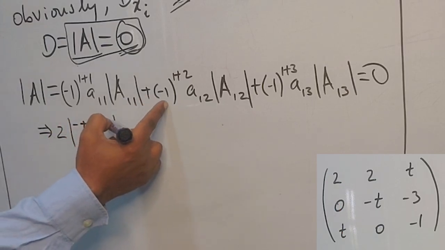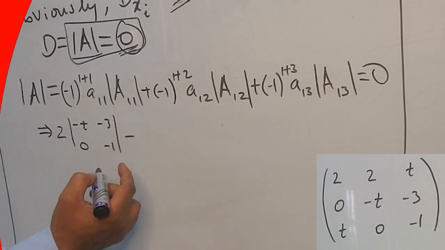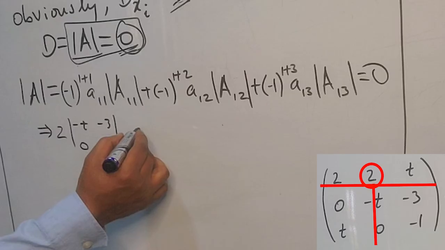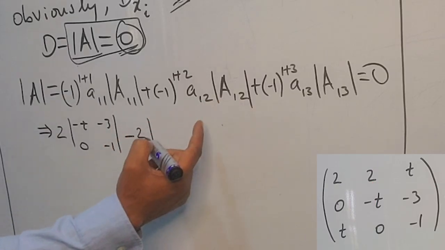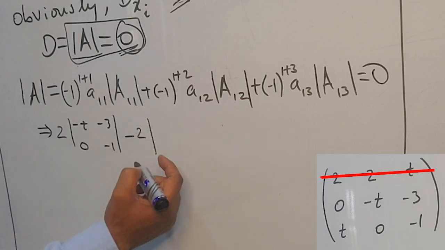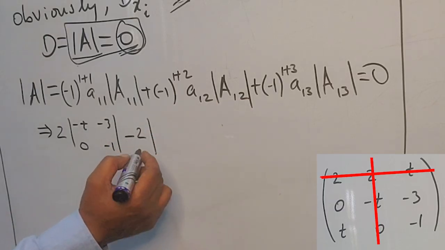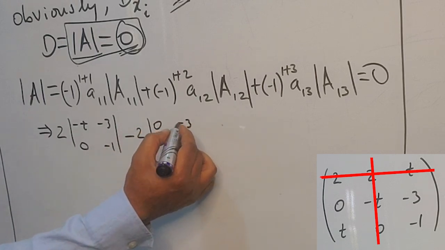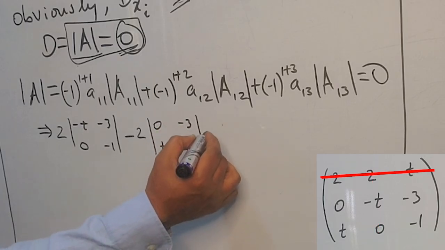Plus -1 to the power of 3, negative, A12, the entry in first row, second column, that is 2, times the determinant of the matrix obtained by omitting first row and second column: 0, minus 3, t, minus 1.